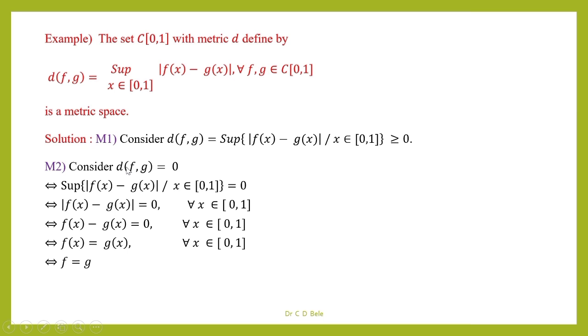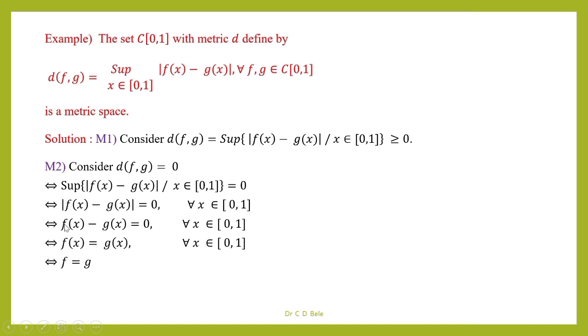Now substitute the value: d of f, g is the supremum of the set of all absolute values of f of x minus g of x such that x belongs to the closed interval 0 to 1, and we consider it equal to 0. Now as the supremum of the absolute value is equal to 0, the absolute value of f of x minus g of x must be 0 for all x belonging to the closed interval 0 to 1.